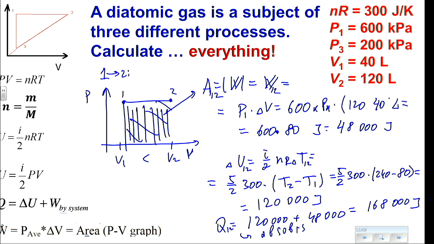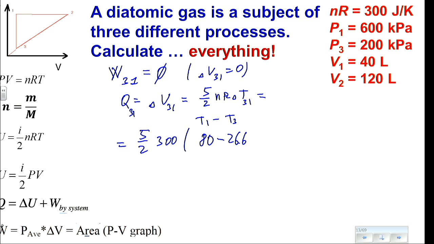And initial was 26.6. Now we take a calculator and calculate it. Any questions?